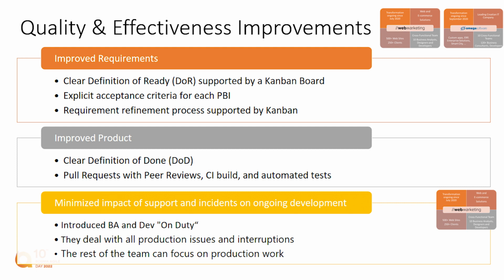And not only that, by introducing a strong definition of done, we also improved the quality of their increments. And this one is also important. We've introduced the business analyst and developer on duty.